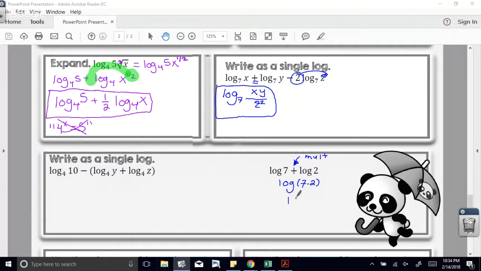And 7 times 2 is the log of 14. And the reason we're done there and we don't keep going is because this is saying 10 to what power gives you 14. And since that's something that we can't answer easily, we're just going to leave it log of 14.